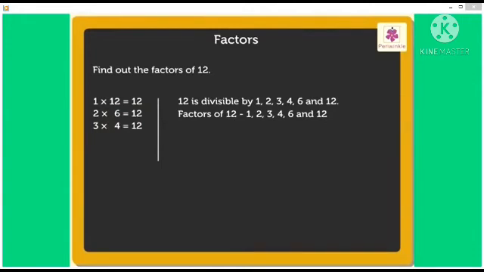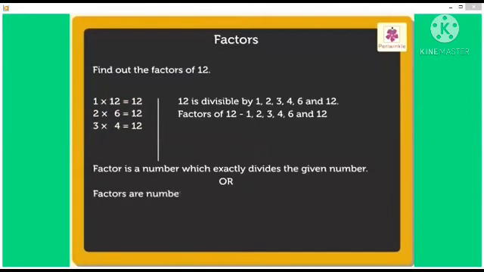Hence, we can define factor of a number as a number which exactly divides the given number. Or we can say that factors are numbers you can multiply together to get the given number.